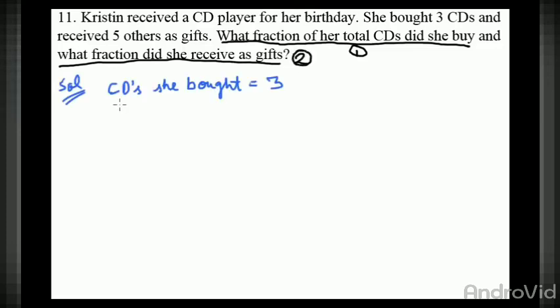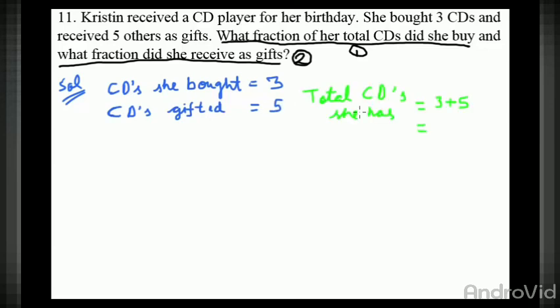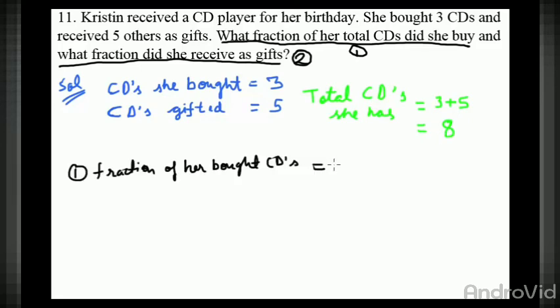So the solution is, CDs she bought as stated is 3. CDs gifted as stated above, 5. Therefore, total CDs she has now, that is 3 plus 5, gives you 8. Therefore, she has total 8 CDs.